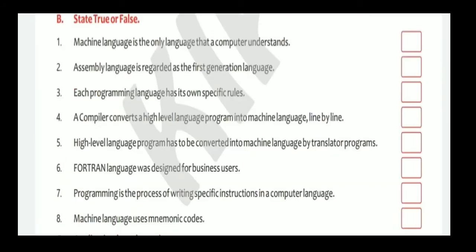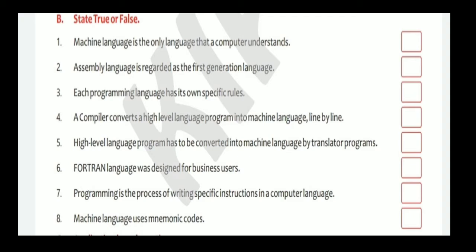Yes students, now we start true and false. Firstly, you read the sentence. If the statement is correct, then you have to fill true in the box. If the statement is wrong, then you have to fill false. Okay, so first sentence is: a machine language is the only language that a computer understands. Right, so that is true.